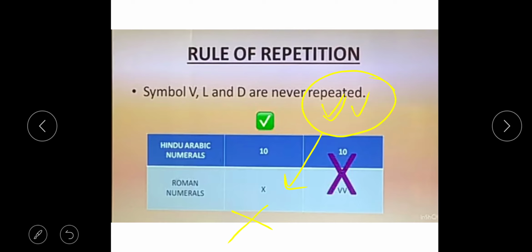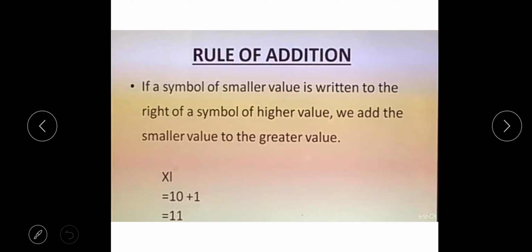Okay. Then next, what is the next rule? Rule of addition. If a symbol of a smaller value is written to the right of a symbol of a higher value, we add the smaller value to the greater value. Means if a smaller value symbol is placed at the right side of the higher value, then we have to add them.